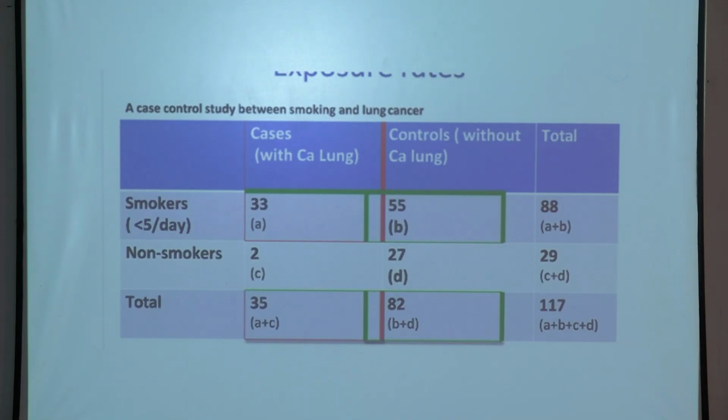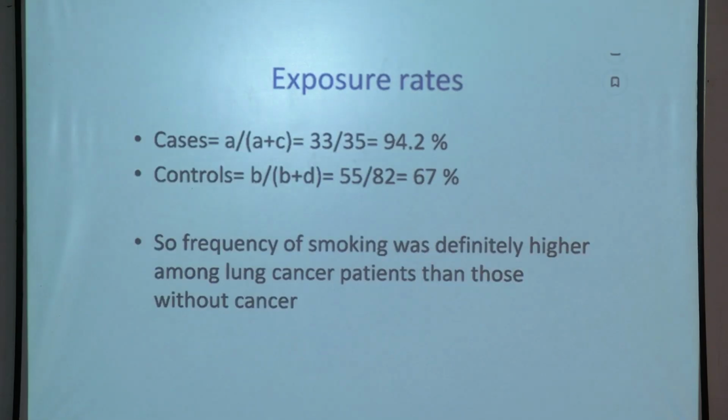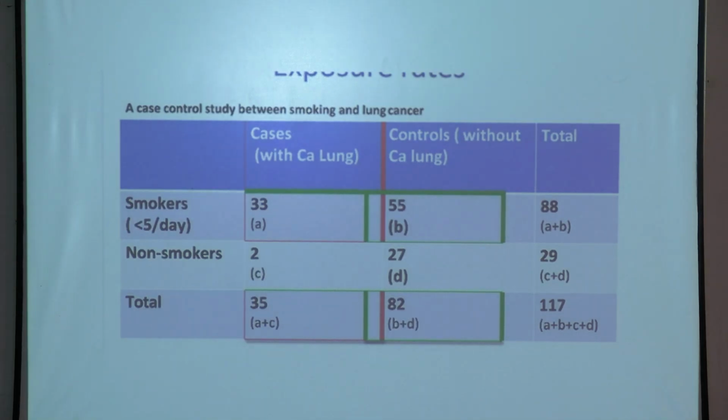He's saying that 33 out of 35 of the cases are smokers. Of people with lung cancer, 33 are smokers. Similarly, how many of them are among the controls? How many smokers?